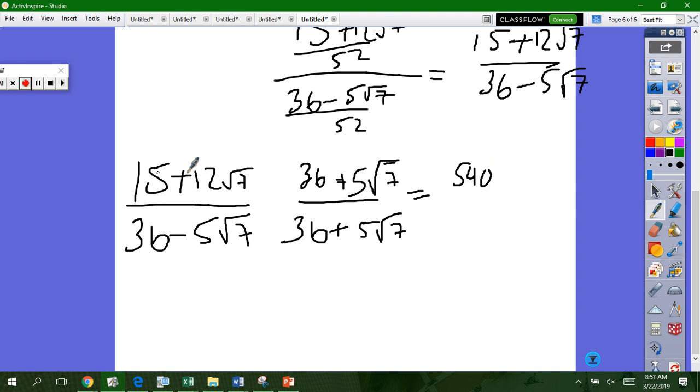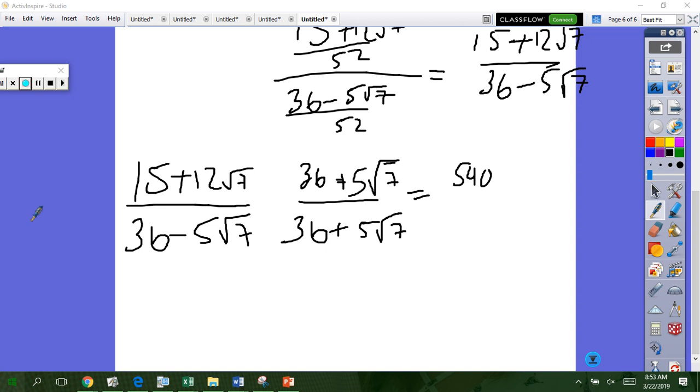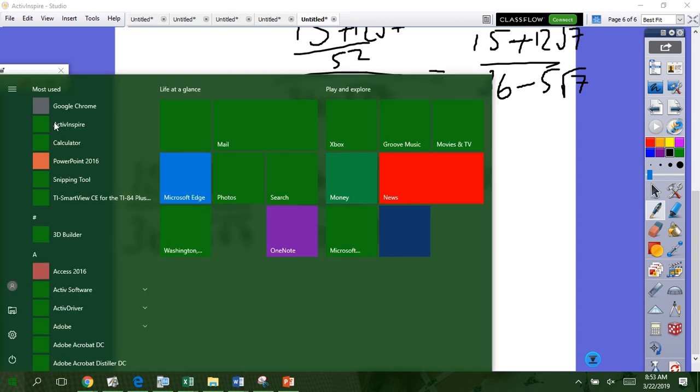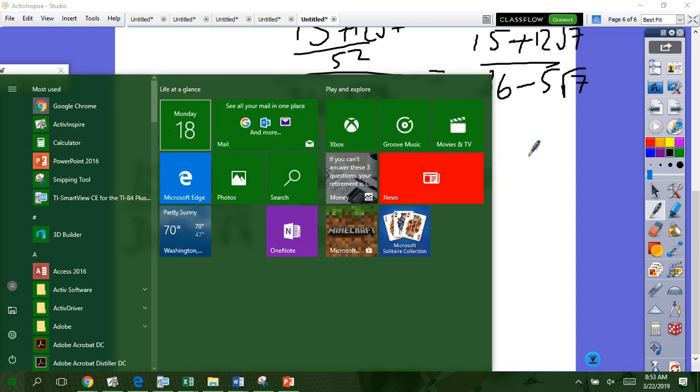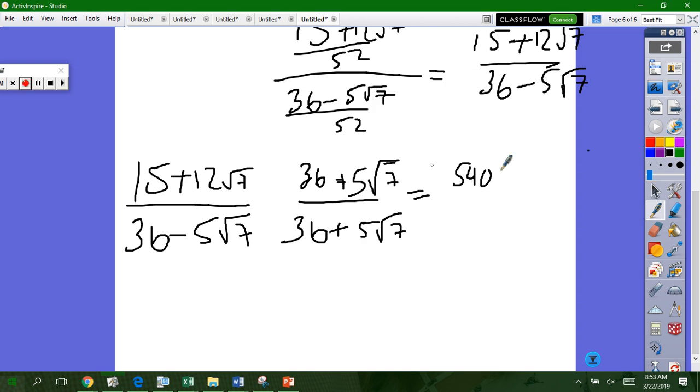Then I got 15 times 5, so that's 75 root 7, plus 12 times 36 is 412? Is it? You guys are killing me. Come on, I need some help. 36 times 12. Oh, I was off by 20. So I have 75 plus 432.